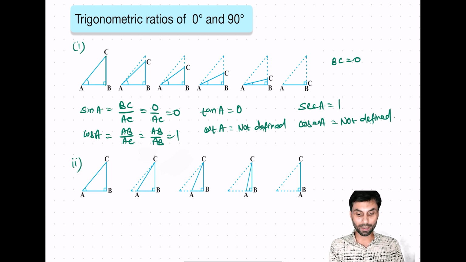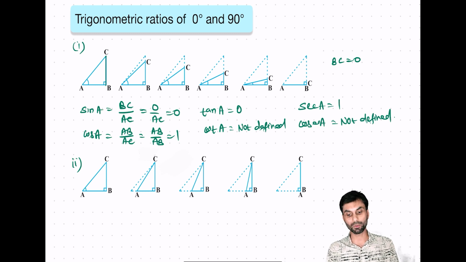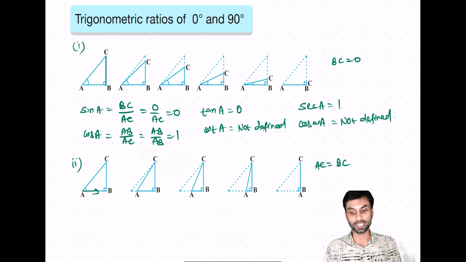Now in the second diagram, suppose we want to find the value for a 90-degree angle. Then, taking A to point B, because if angle A has to be 90, the points A and B have to coincide. In that case, we observe that AC will be equal to BC.